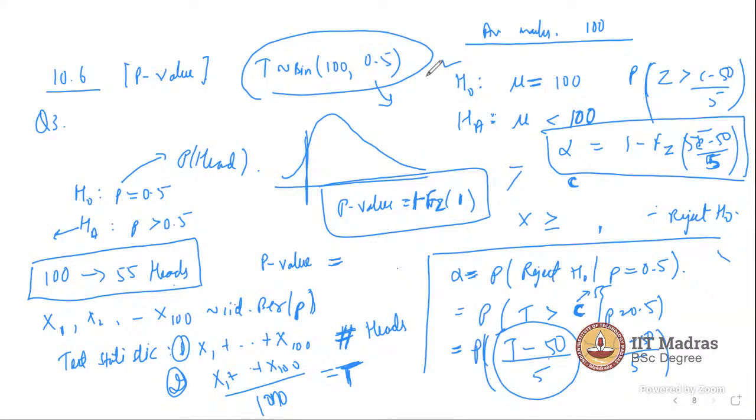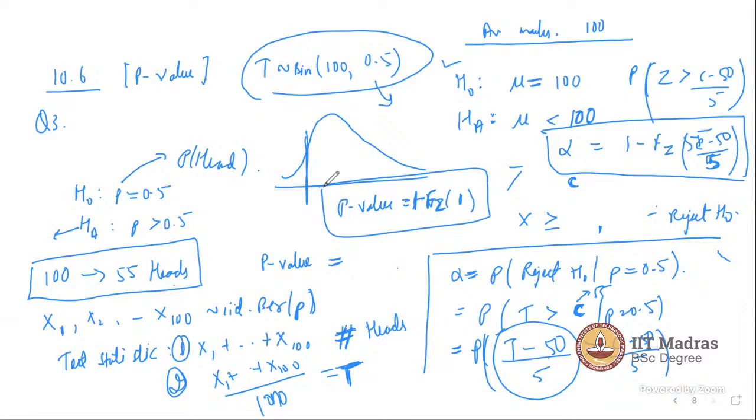After we found the alpha, what did you do next for the p-value? I didn't understand this. So what I was trying to say is, the way you find your significance level is the probability that you reject H0 given your null is true. The p-value is the lowest significance level at which you will reject the null hypothesis.